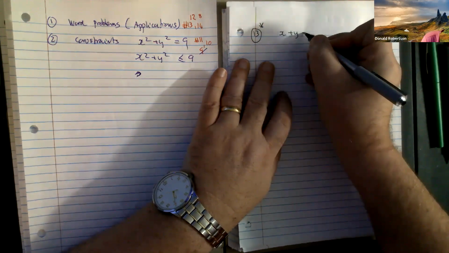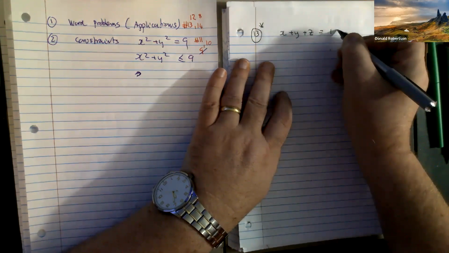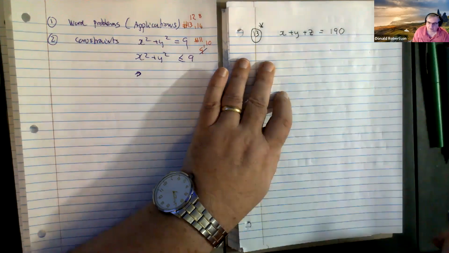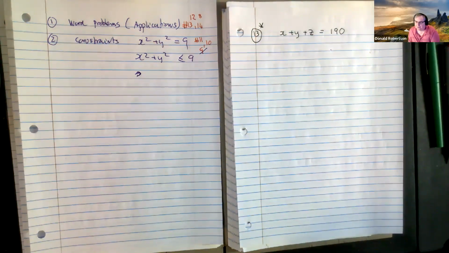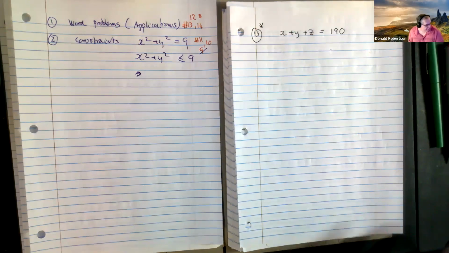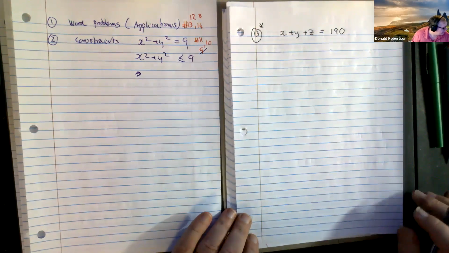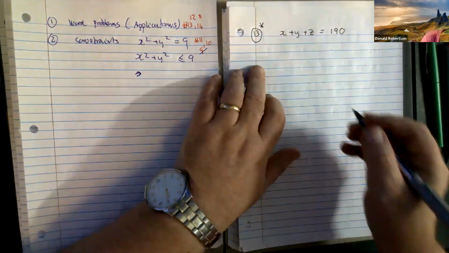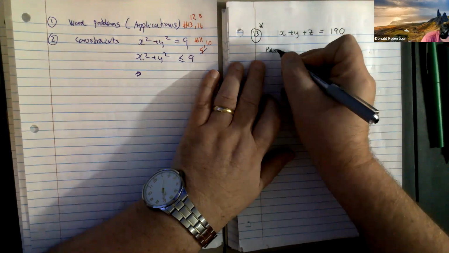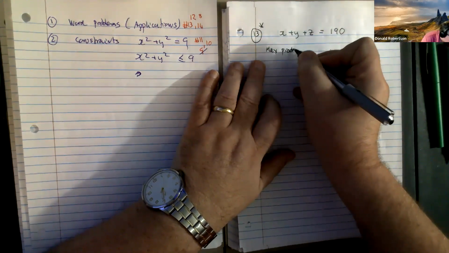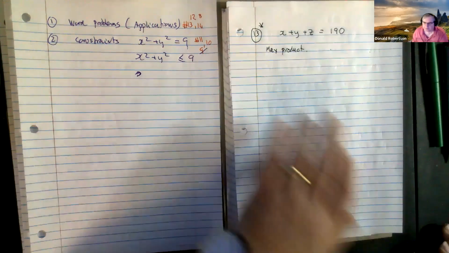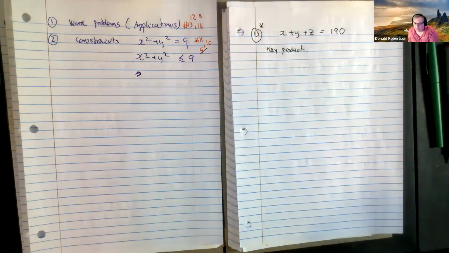So you have just told me that since their sum is 190, you have just given me the constraint. Right? 3 numbers and they must add up to 190. That is a constraint. And we're being asked to find the maximum product. So essentially, what's the biggest product?